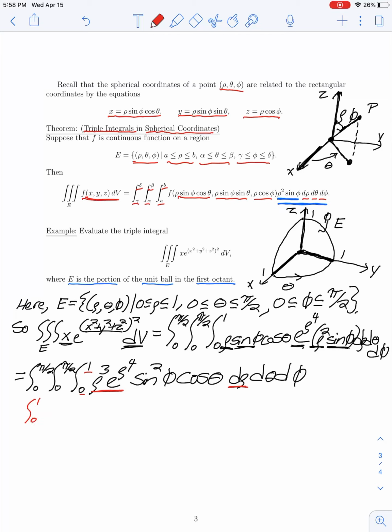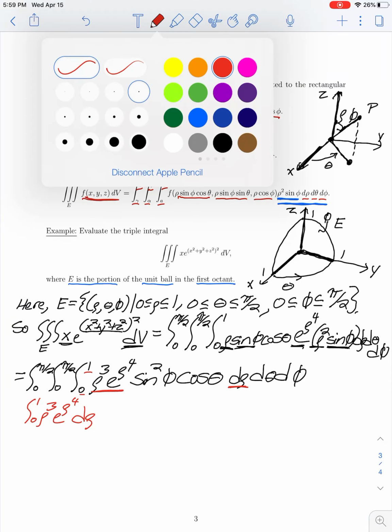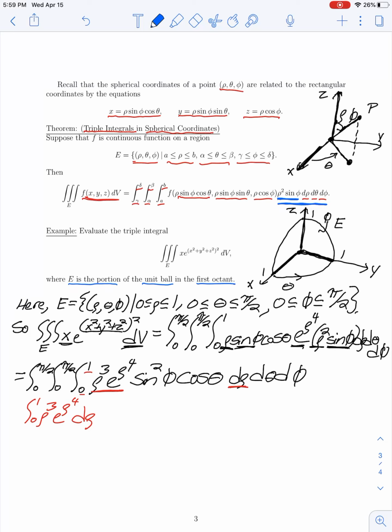So I have the integral from 0 to 1 of rho cubed times e raised to the rho to the fourth power, and my differential d rho I can pull out in front of the other two integrals. Now what I'm left with then is an integral where the next variable of integration is with respect to theta, and here the only term involving theta is cosine theta, which I would then evaluate from 0 to pi over 2, and I would have a constant with respect to that last variable phi.